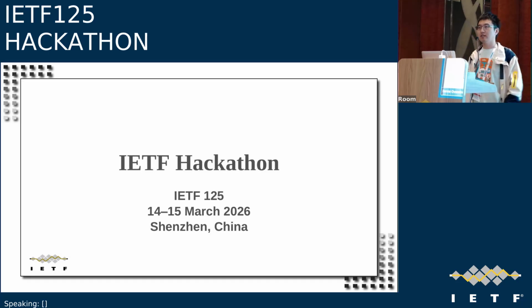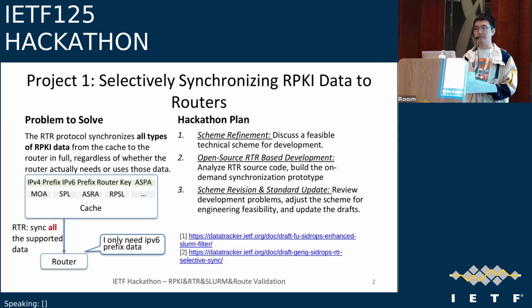Okay, good afternoon. I'm Nangong from Huawei Technology. I will share the results of 2 hackathon projects. The first one is selectively syncing RPKI data to routers. The problem is that the current RTR protocol will sync all types of RPKI data to routers, but in some cases the router may only need part of the types of RPKI data, and other RPKI data will never be used by routers.